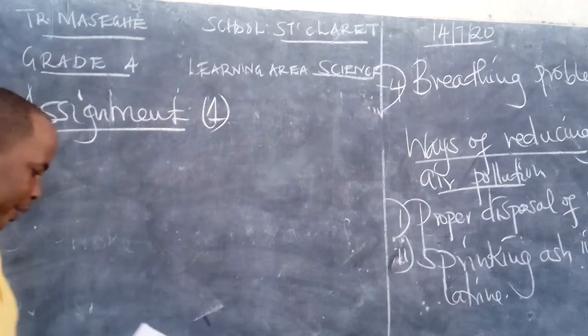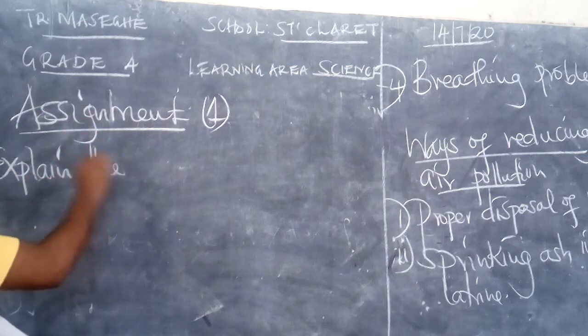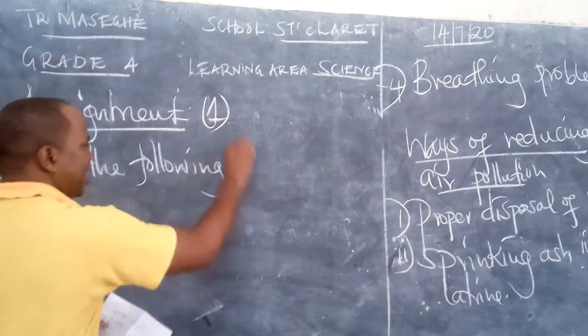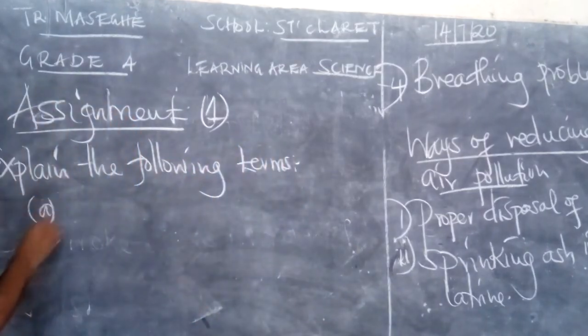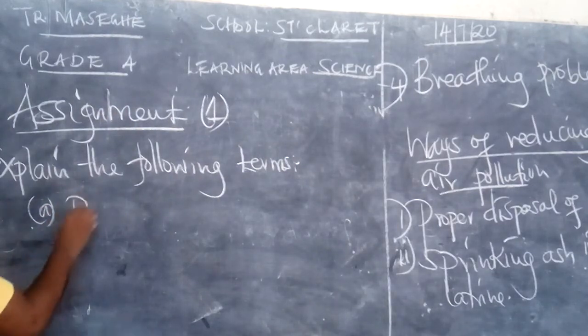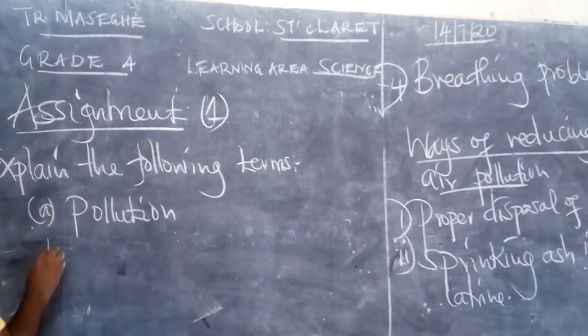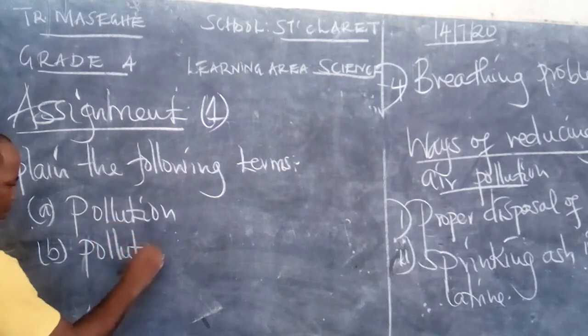Question 1, I want you to explain the following terms. A. Pollution. Then B. Pollutants.